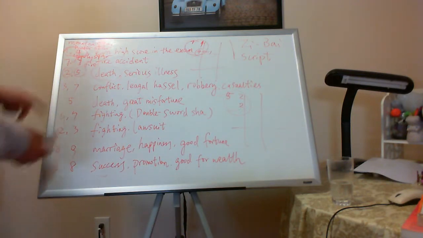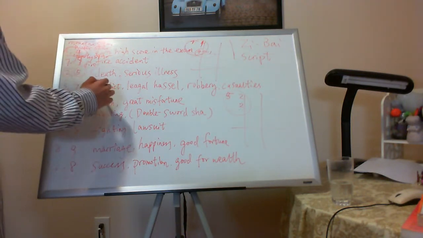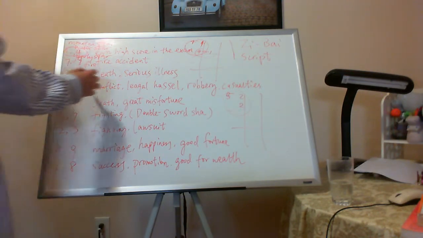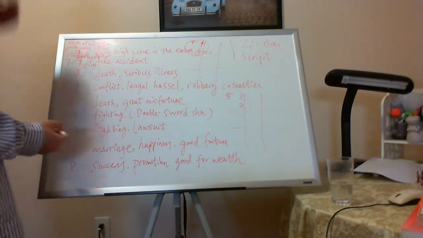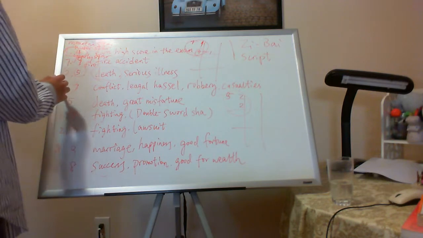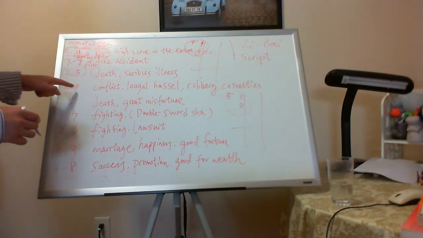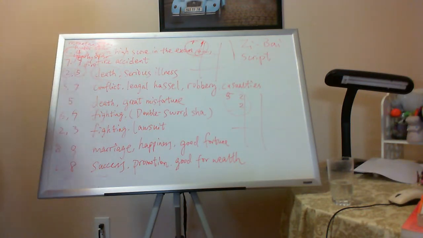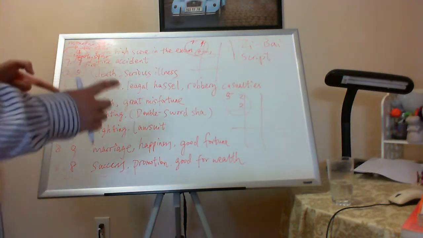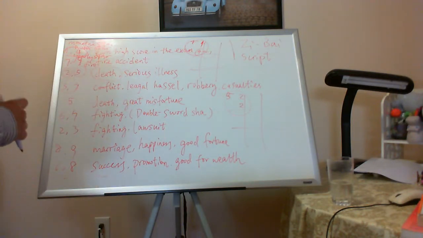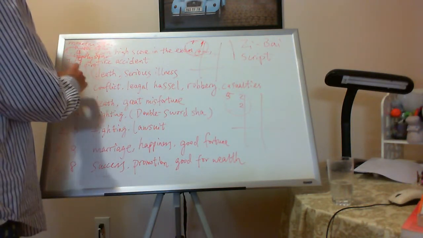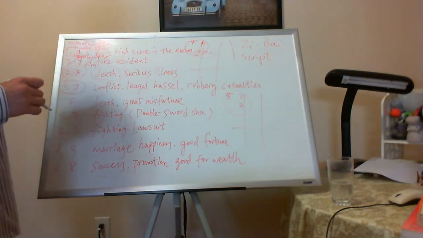The element of 3 is wood, and the element of star 7 is metal, and wood and metal fight against each other, so their relationship is not harmonic. So it's considered inauspicious.